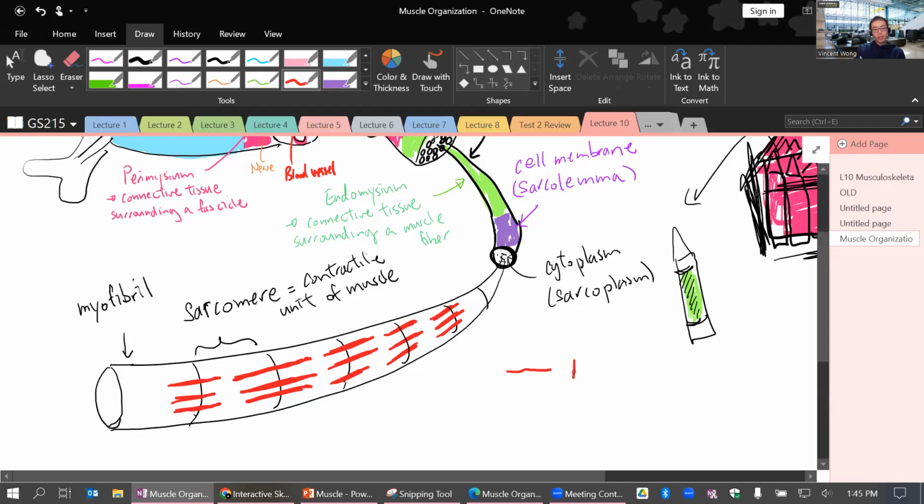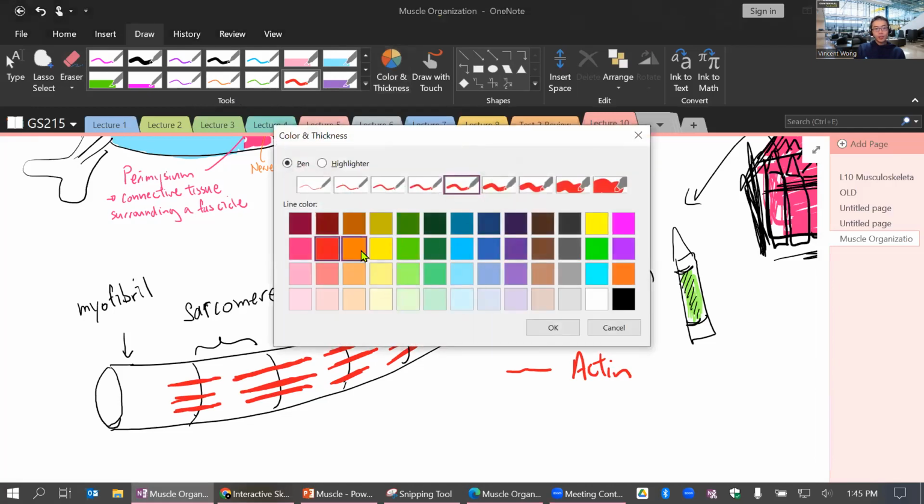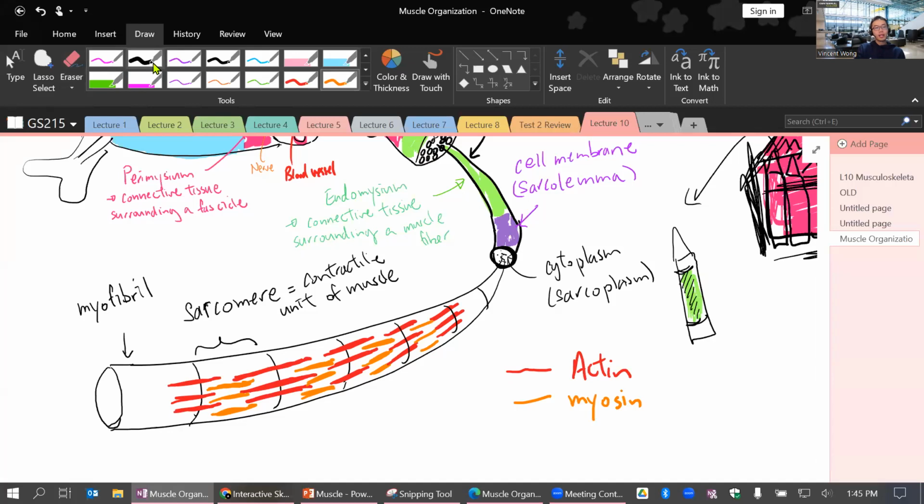The red one is the actin filament, or just actin proteins. And in between the actins, you will have the myosin. They overlap a little bit like that. So these are the myosin: actin and myosin.